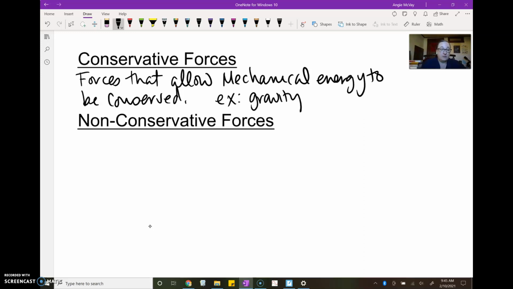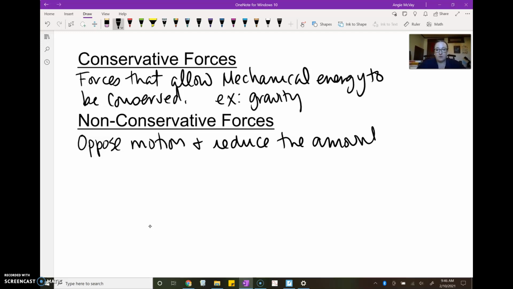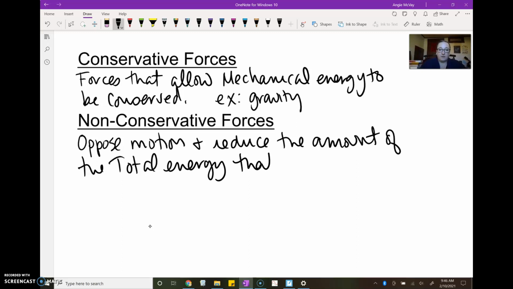Okay, non-conservative forces, they oppose motion and reduce the amount of the total energy that is available as mechanical energy.